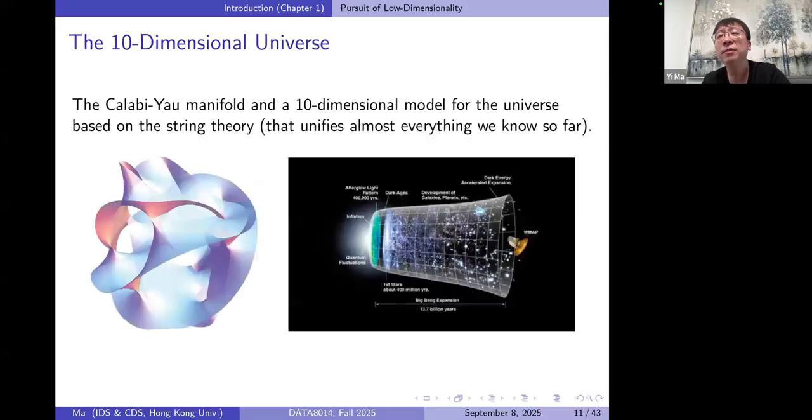Hence, it's arguably true that even the whole universe lives on a 10-dimensional model based on string theory, which unifies almost everything we know so far about the physical world. And one of the tools it uses is the Calabi-Yau manifold, as one of the mathematical apparatus to unify quantum mechanics, general relativity, and so on, all 4 fundamental forces.